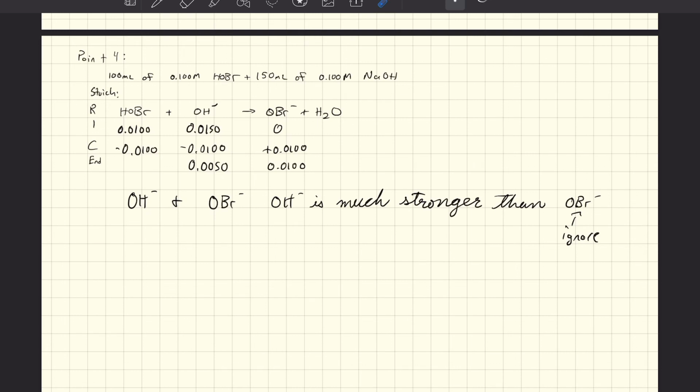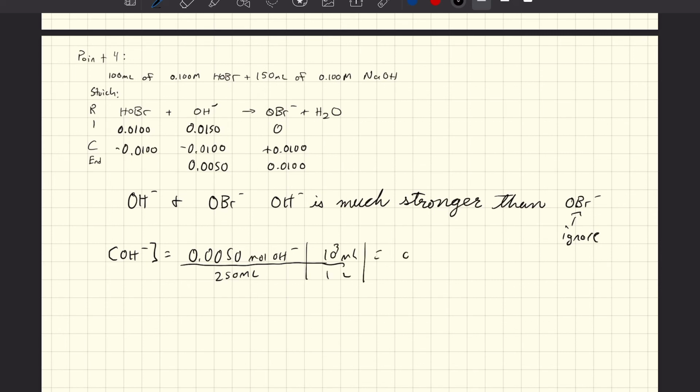Okay, so now we can find our concentration of OH minus over, now we're in 250 milliliters of solution, milliliters to liters, and we get 0.02 molar OH minus. Okay, now that we can find the pH of, and it is 12.3.